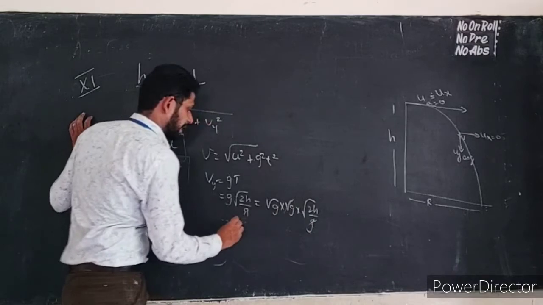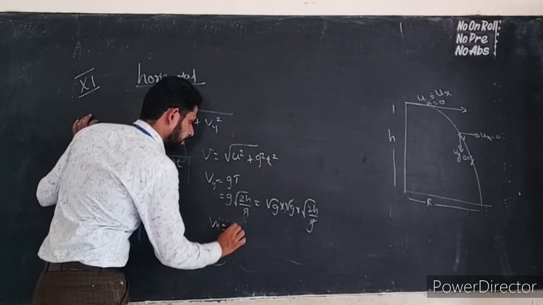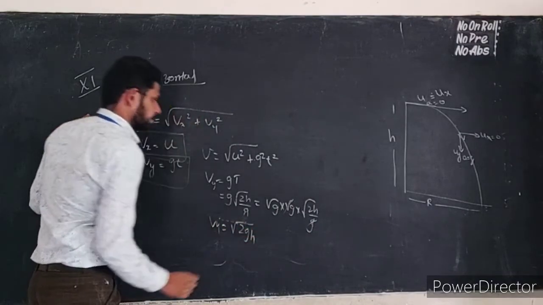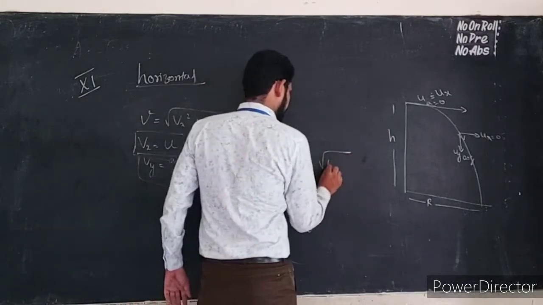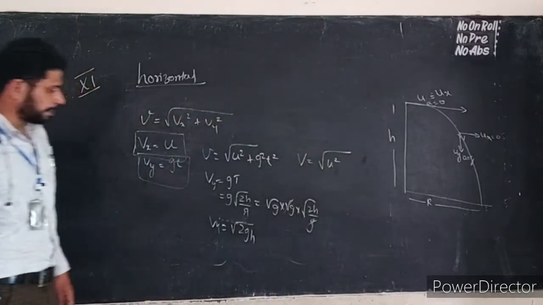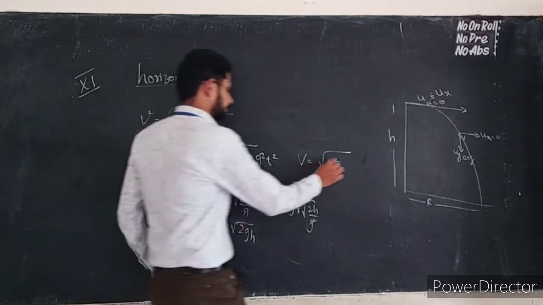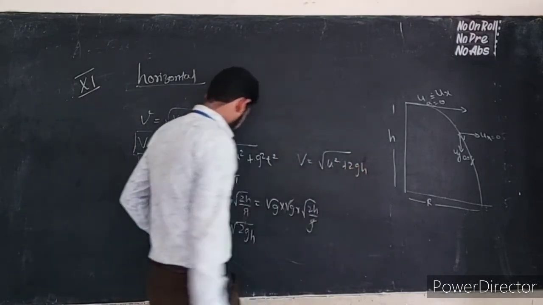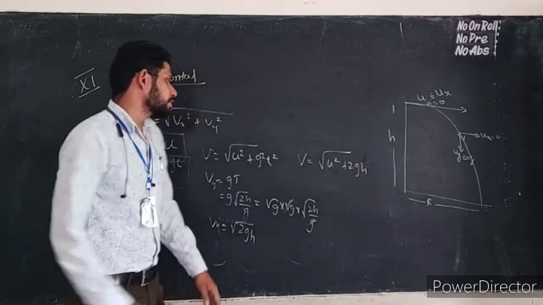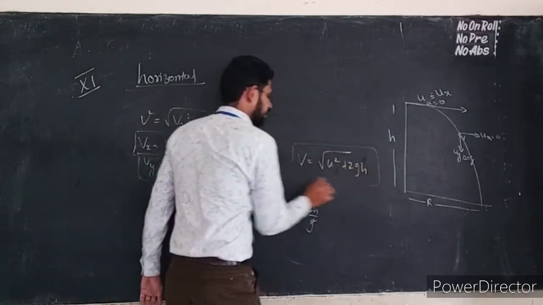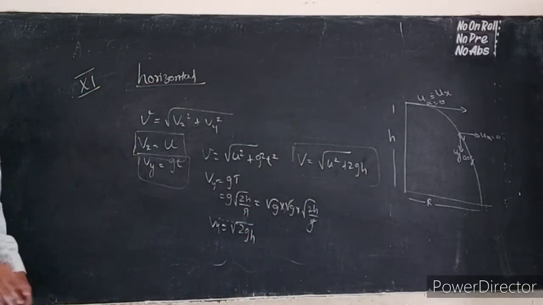So this one will be cancelled and vy will become root of 2gh. So we can substitute here also. v will become root of u squared plus 2gh, because vy will become root of 2gh, then vy squared will become 2gh. So this amount of speed you will get when throwing from the height of the building.